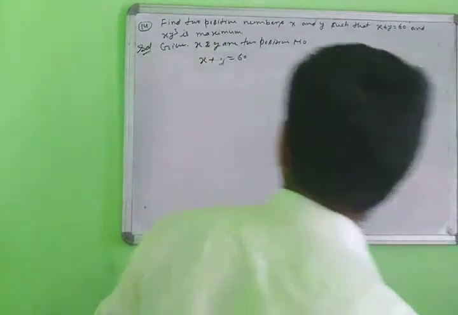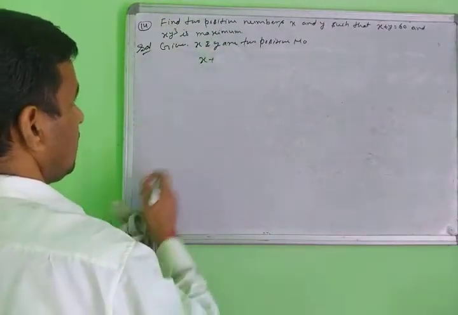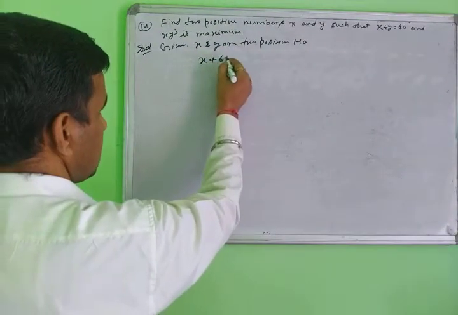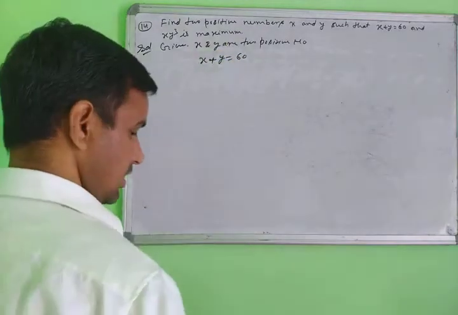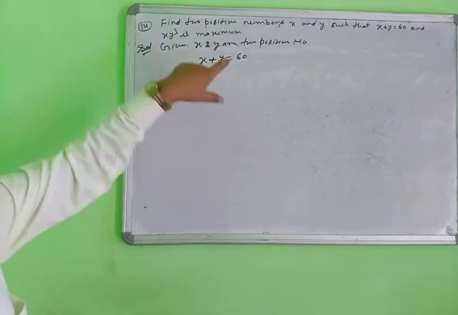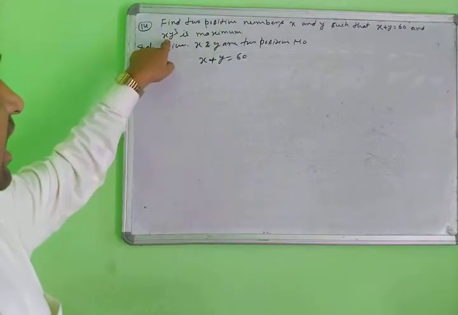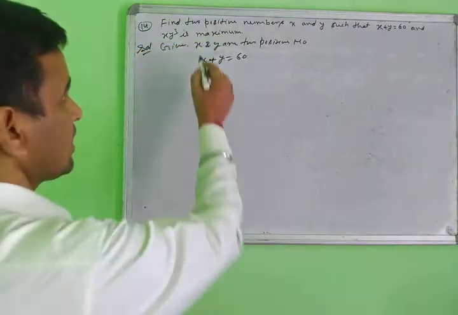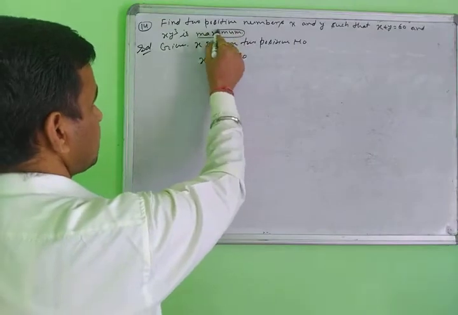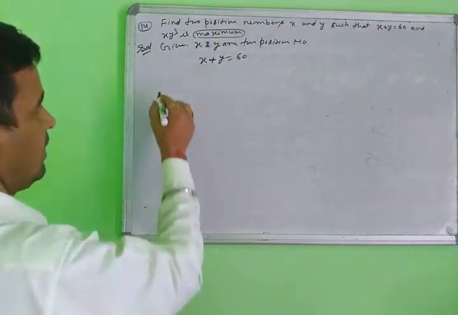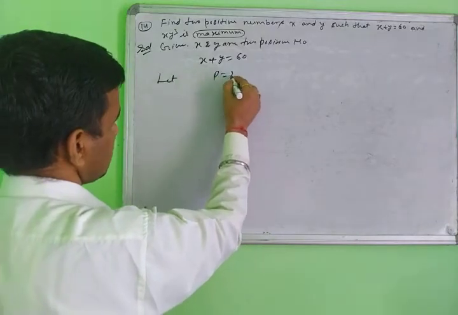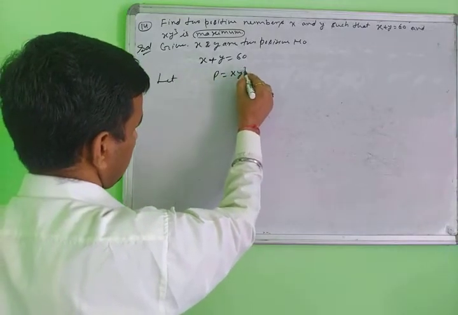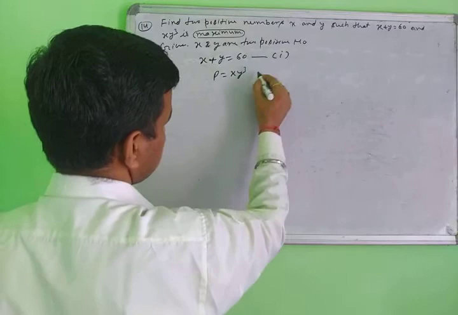And the next thing is that x y cube is the maximum. Let me take P equal to x y cube. This is the first condition and this is the second.